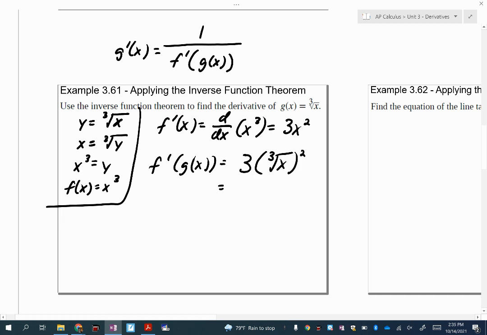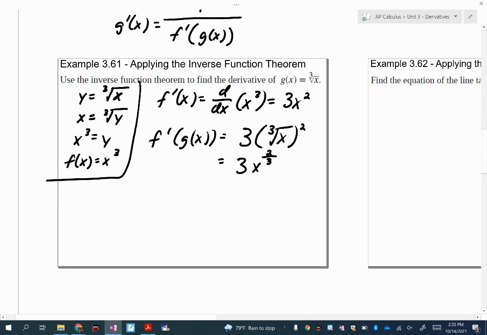Now, it's been probably 2 years since you've talked about rational exponents, but you can actually rewrite this cube root of x to the second power. You can rewrite that to be 3 times x to the 2/3 power. So these are going from a radical to a rational exponent, so a fraction exponent.